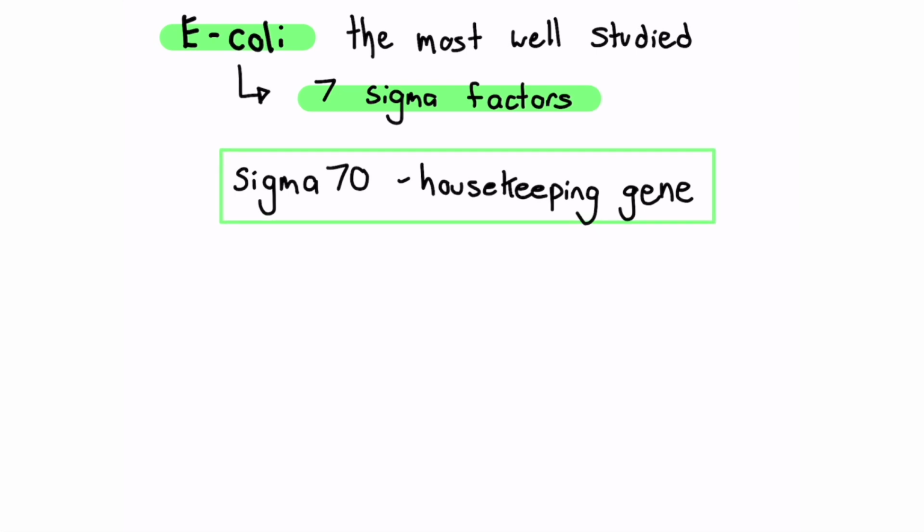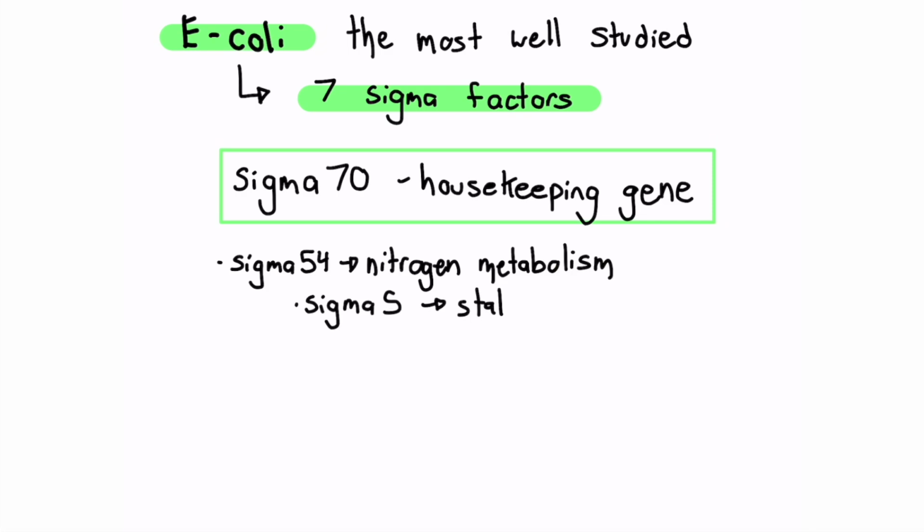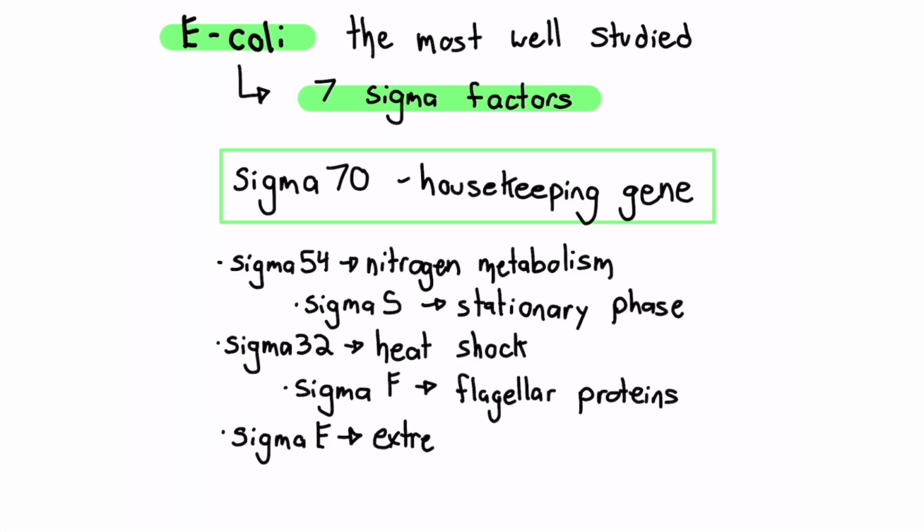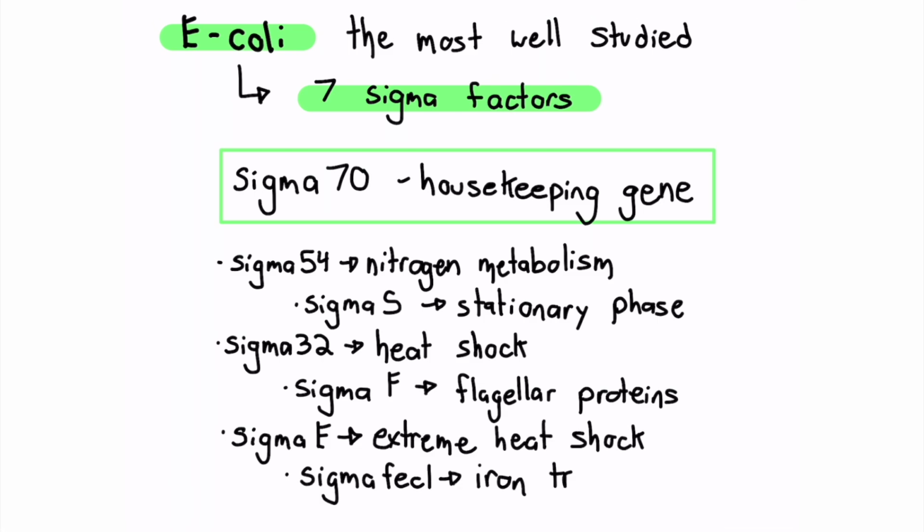The other 6 factors are as follows: sigma 54, which is responsible for nitrogen metabolism, sigma S, which is responsible for the stationary phase, sigma 32, which is responsible for heat shock, sigma F, also known as sigma 28, which is responsible for flagellar proteins, sigma E, which is responsible for extreme heat shock, and sigma FecI, which is responsible for iron transport within the bacteria.